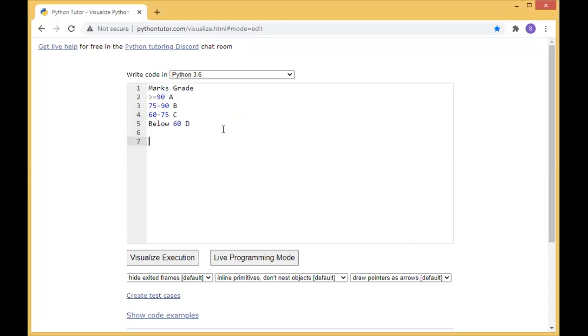What is the input we have to get? What is the value we have to get? Percentage of marks. So marks we can say. So mark as an input value, integer of input of enter mark.